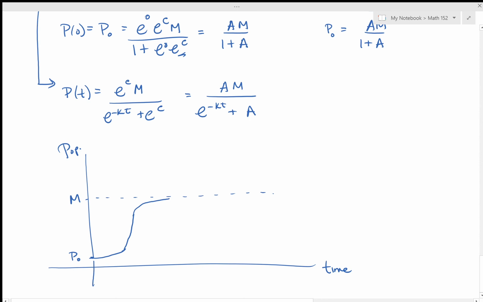So it grows exponentially in the beginning, and then the growth slows, and in fact slows to zero as time gets large.